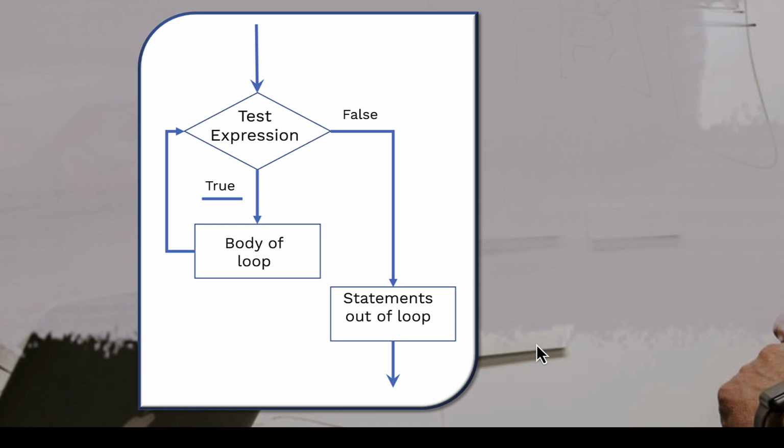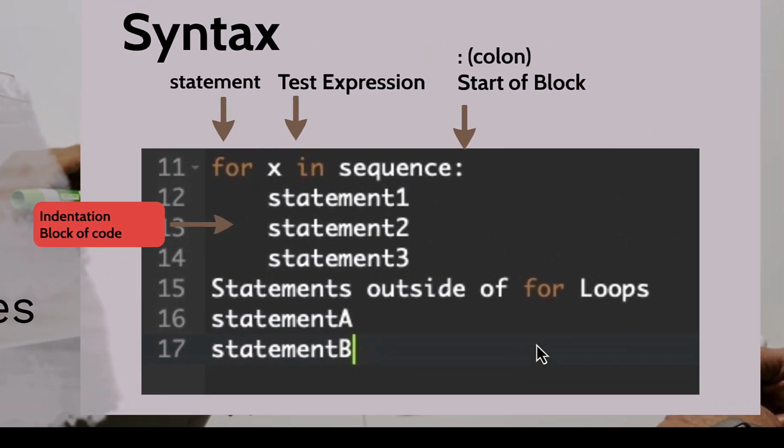So if we're looking at a simple code, we're starting out with our for statement. We have some kind of variable that we end up utilizing, and this basically would be a list. We'll get into lists a little bit later on, and we have a colon that is after that.